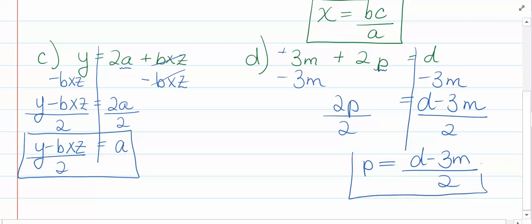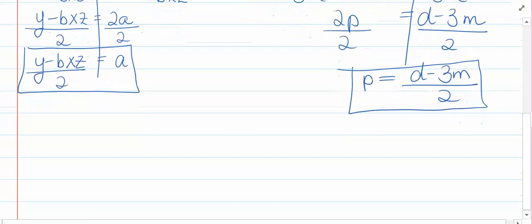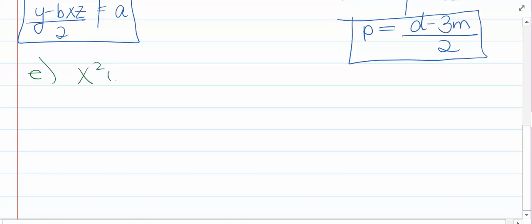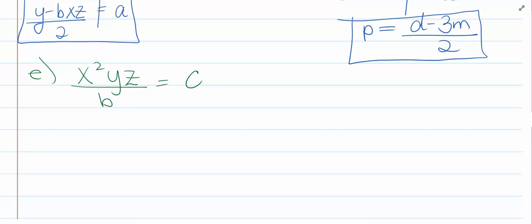Alright, the last one is a little bit more challenging, but you can get it. If not, I will show you right now. Letter E, we have x squared yz divided by b equals c. I'm going to need to get z by itself. So again, get rid of the b, so multiply both sides by b.